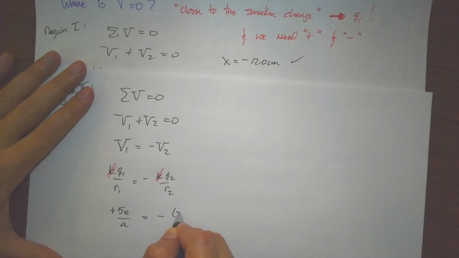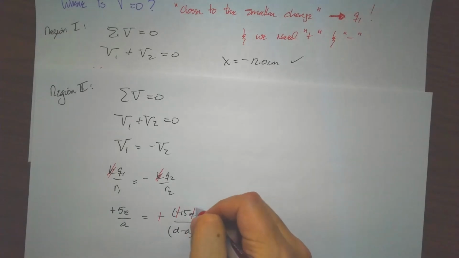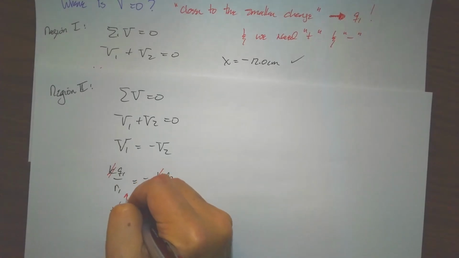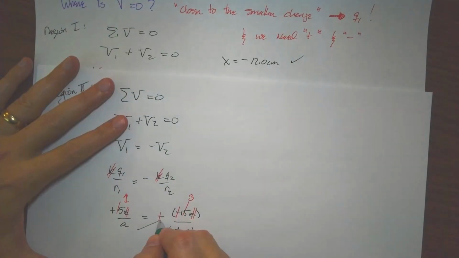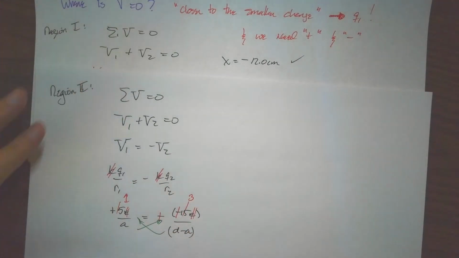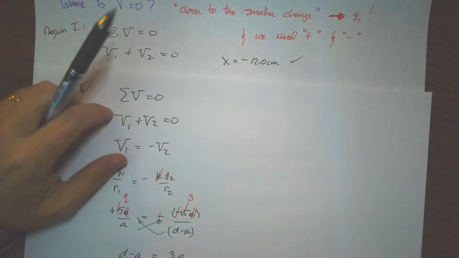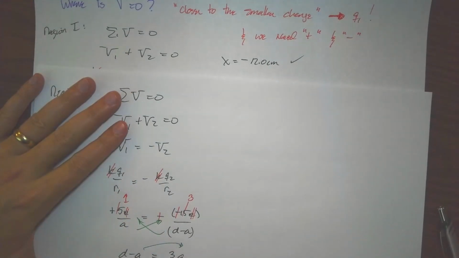This is minus, and then this is minus 15E over D minus A. The minuses cancel, the E's cancel, the 5's reduce, 1 and 3, and then I can cross multiply, just like we did before. So then I get that this is D minus A equals 3A. Move the A over. So D equals 4A.